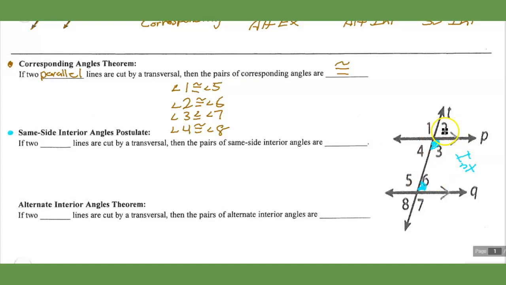So if 3 is supplementary to angle 2, 3 is also supplementary to angle 6. So if parallel lines are cut by a transversal, then pairs of same side interior angles are supplementary. And we can prove that because of the corresponding angles.